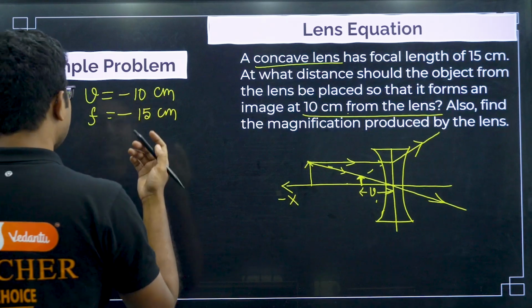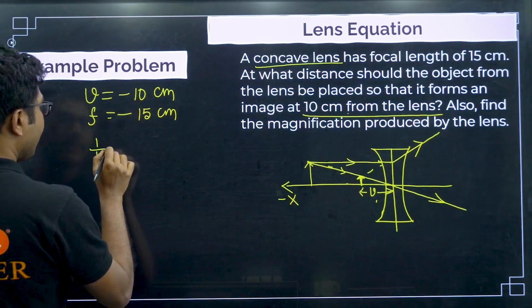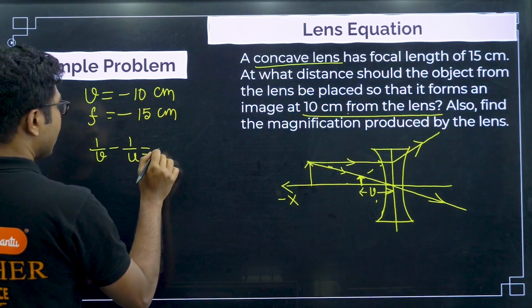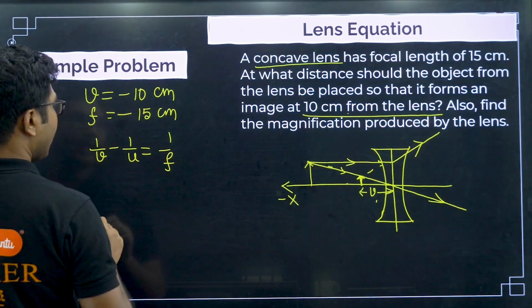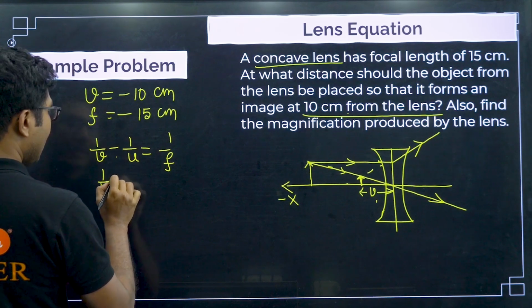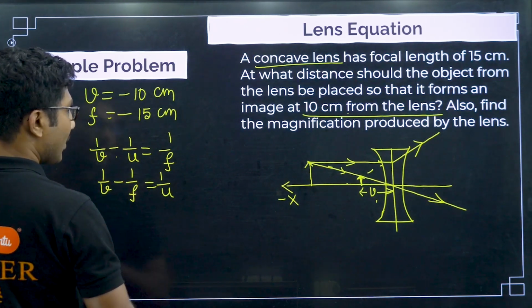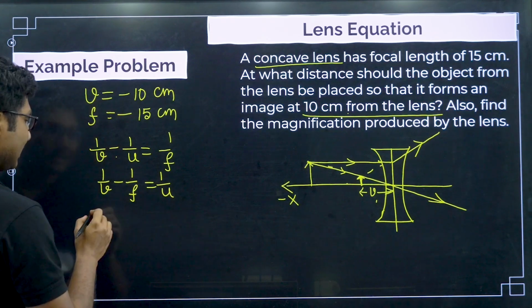Now we have to use the lens equation: 1 by V minus 1 by U equals 1 by F. Or if you take the U on the other side, 1 by V minus 1 by F equals 1 by U. We are trying to find 1 by U, that is why we have done this trick.